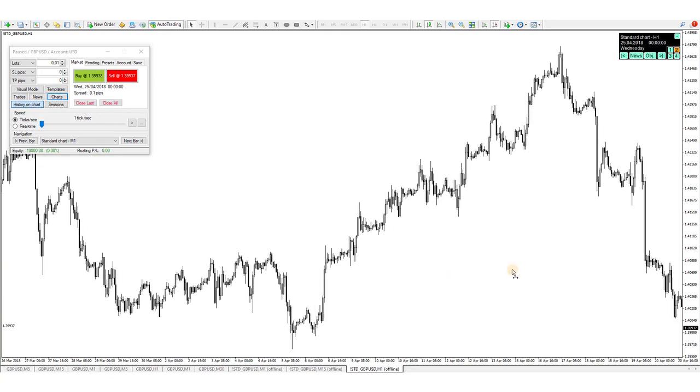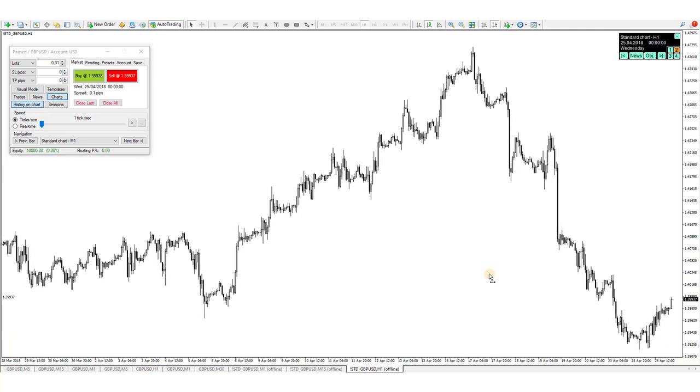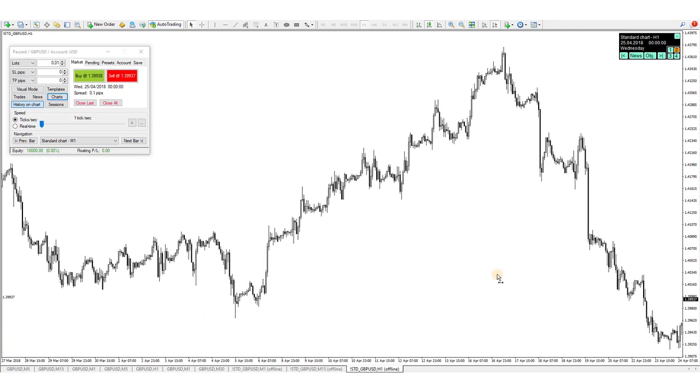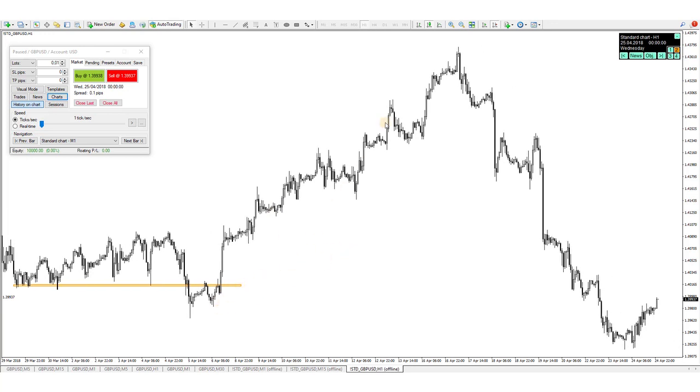This is the 1 hour time frame, and just taking a quick look at what happened. Here I see the equal lows which were taken for a buy. Beautiful. But this buy ended.